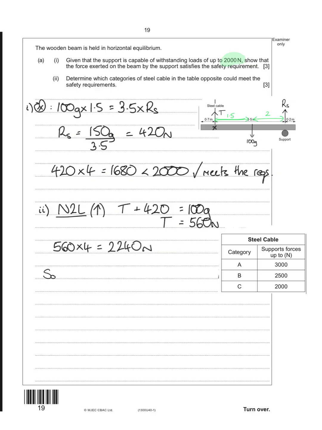So we could use A or B. It would not be sufficient in this case to just say A or to just say B. We need to say both of them. So that one there, that one there. These numbers here are important, and this statement here that it meets the requirements. Okay, there we go. Moving on to part B.